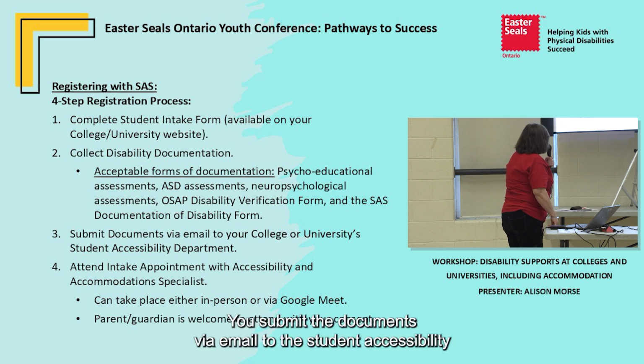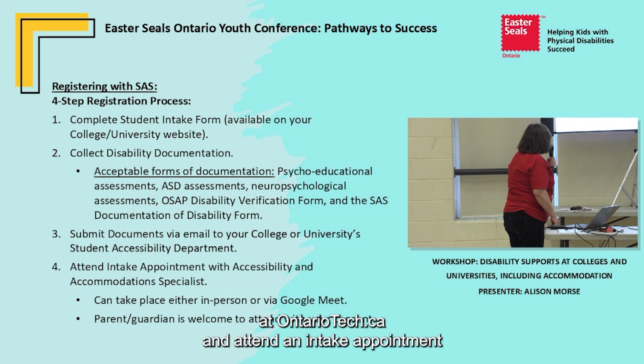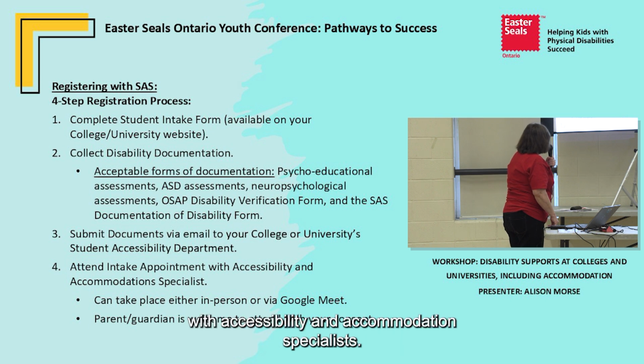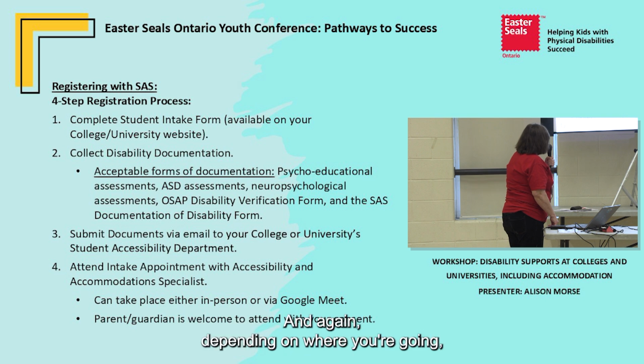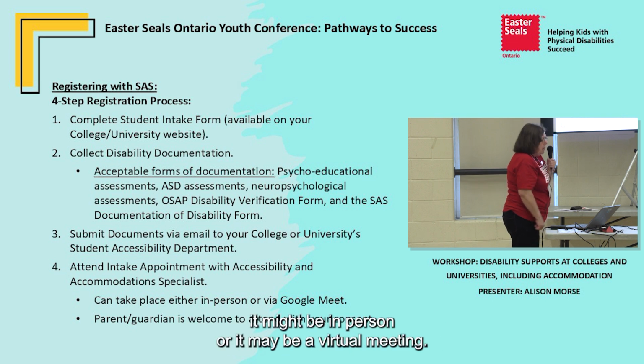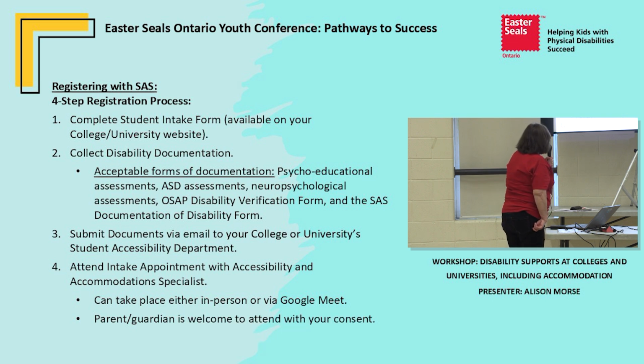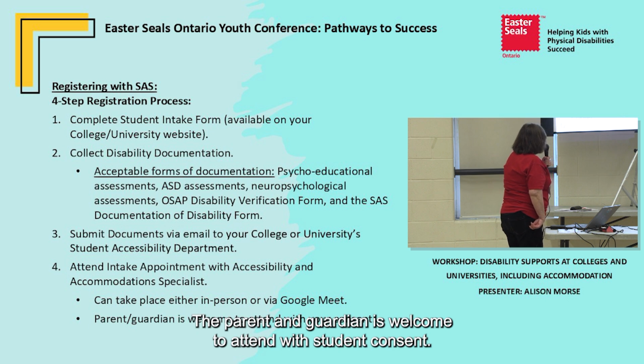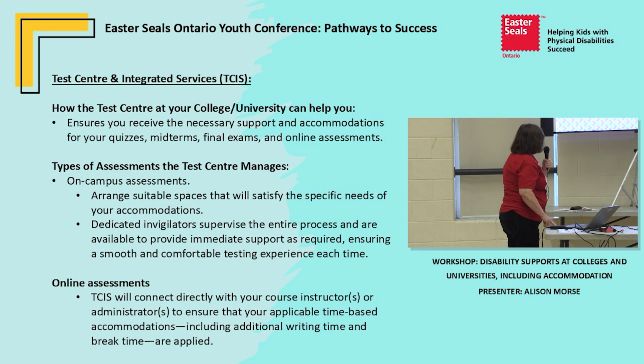You submit the documents via email to Student Accessibility at Ontario Tech CA, and attend an intake appointment with accessibility and accommodations specialists. And again, depending on where you're going, it might be in person or it may be a virtual meeting. And the parent and guardian is welcome to attend with student consent.